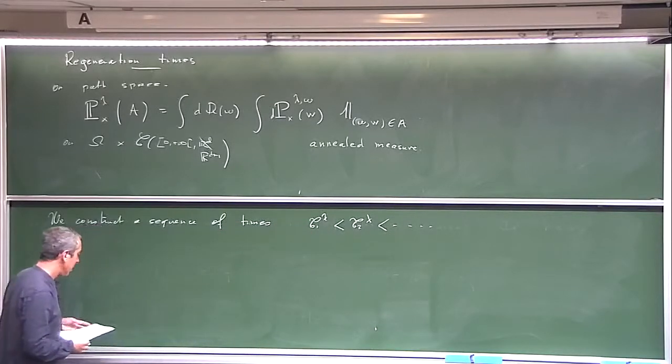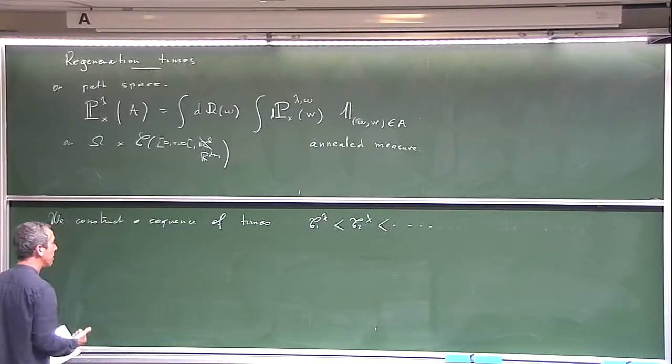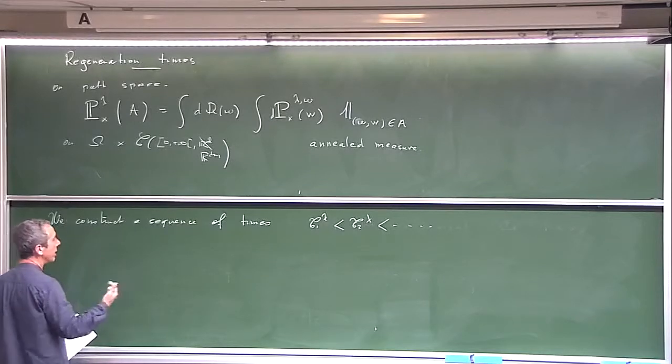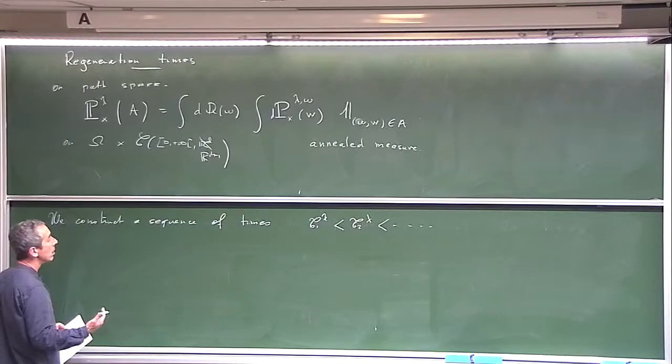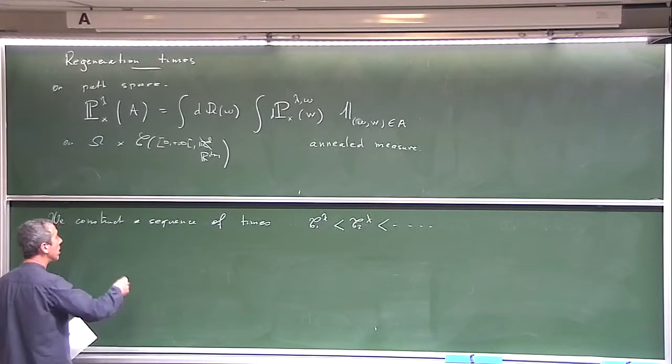Now the first thing is to get these times with the property that if you look at the increments of x, you get an IID sequence.